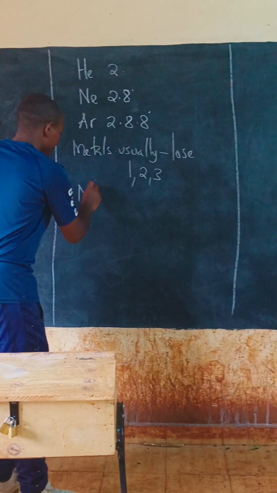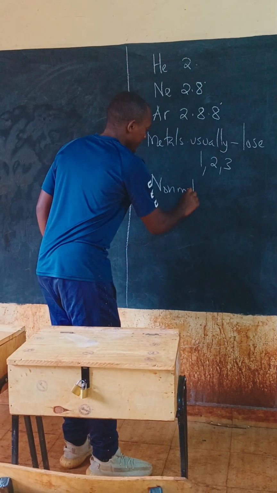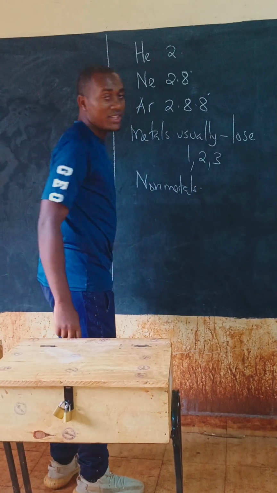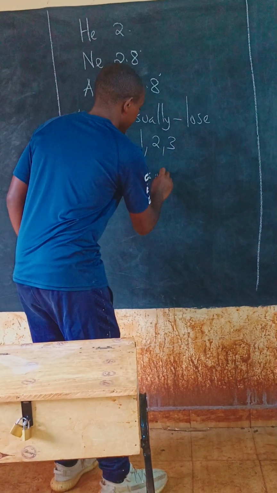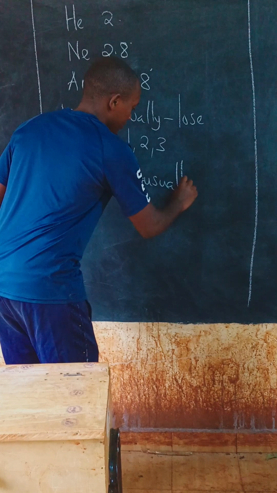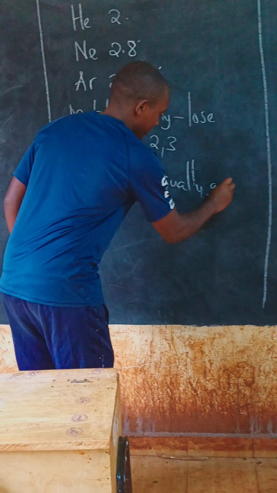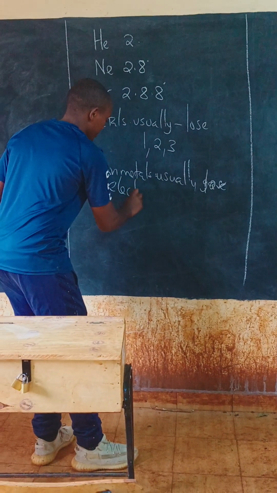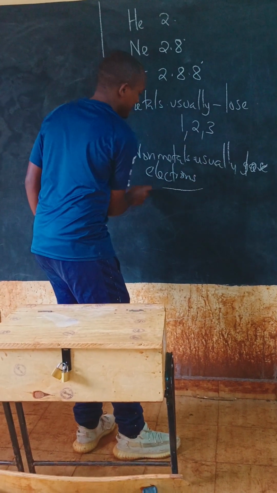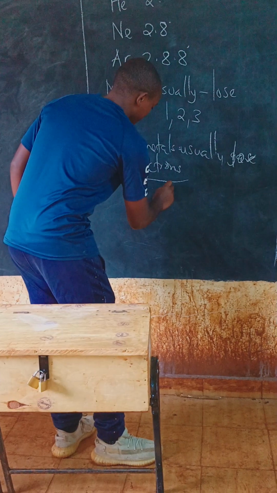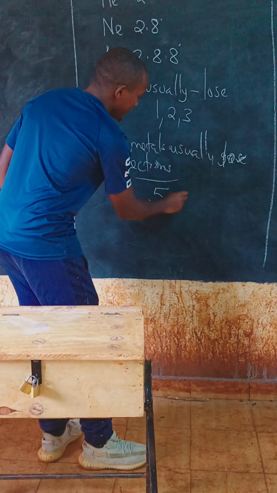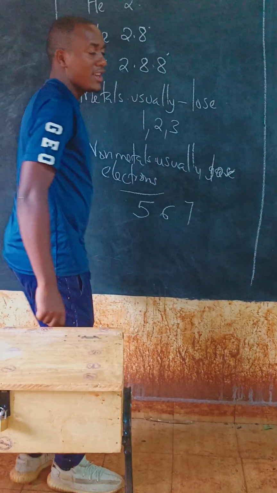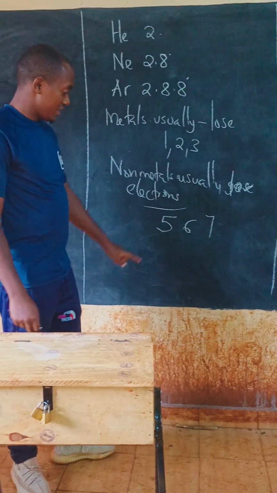And non-metals usually gain electrons. For example, those that have 5, 6, 7 electrons in the outermost energy level.